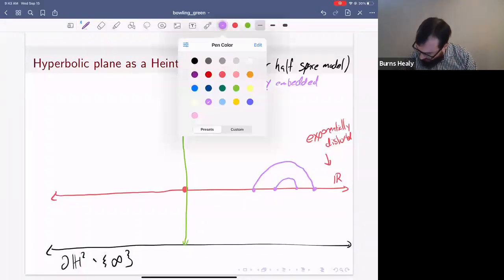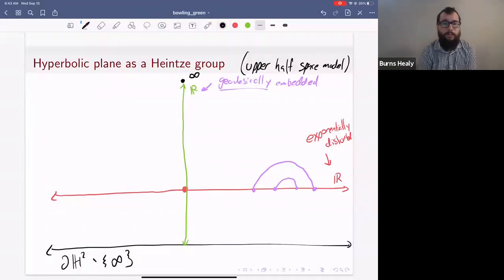All right, and so how does this relate to the solvable Lie group model that I was mentioning? Well, if you call this copy of R^n, of course, R^n is a nilpotent Lie group. It's abelian.